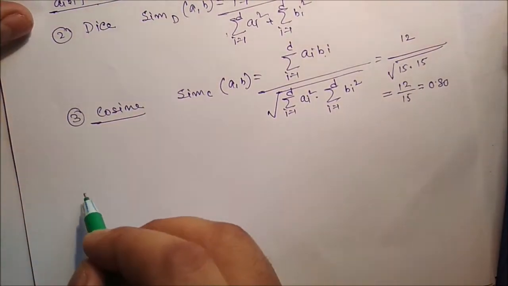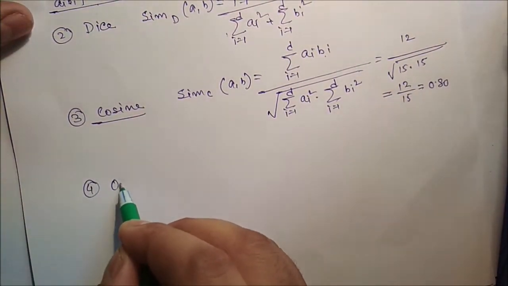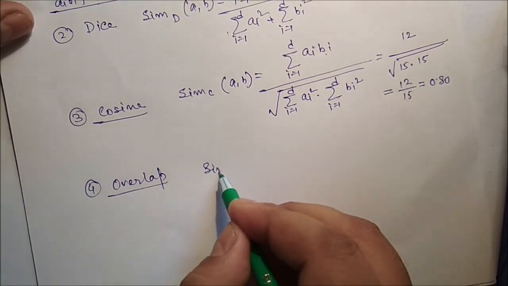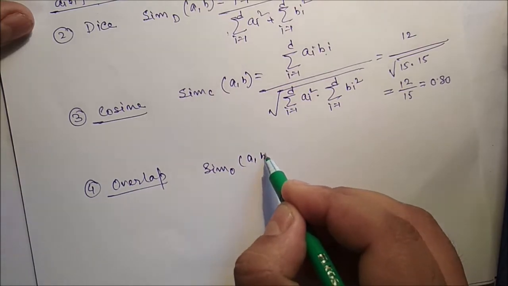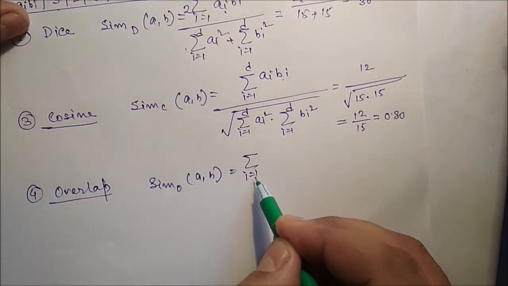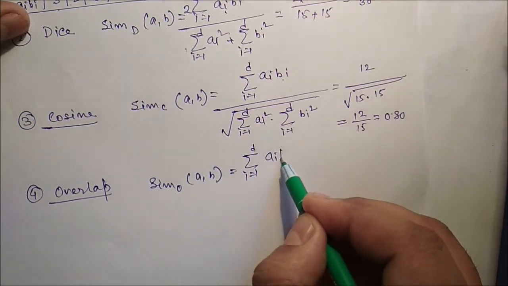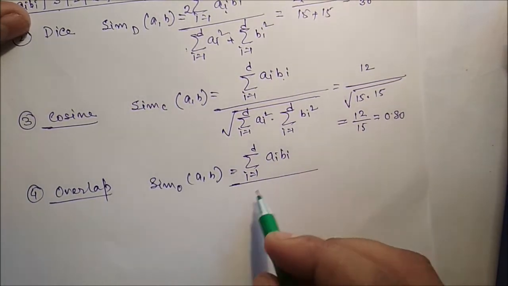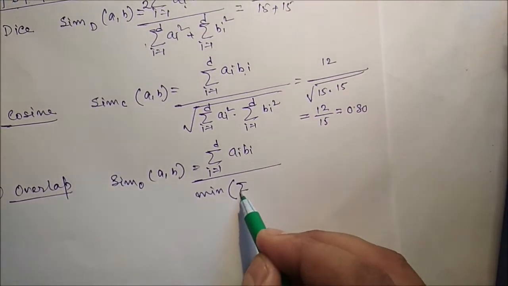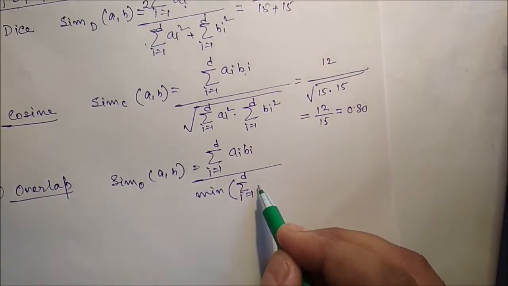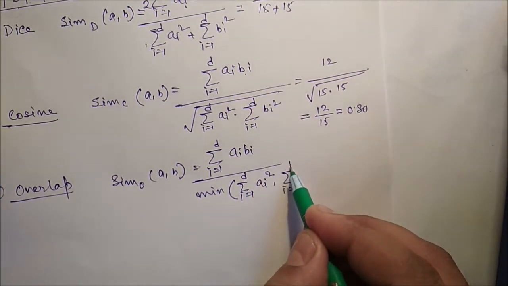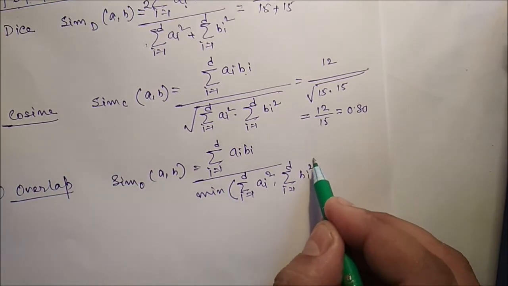After that, overlap is there. The fourth one is overlap. So the overlap similarity between A and B. The formula is very simple: summation of 1 to D AiBi divided by the minimum between summation of 1 to D Ai square and summation of 1 to D Bi square.